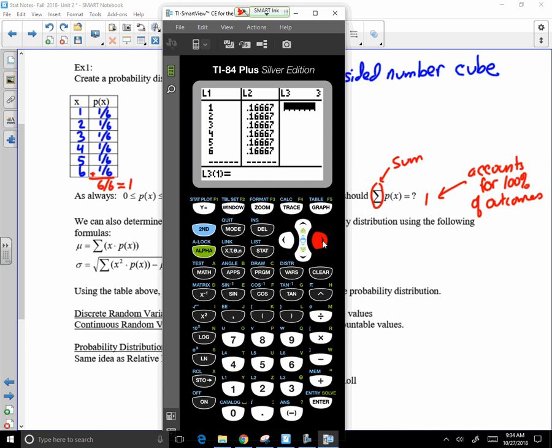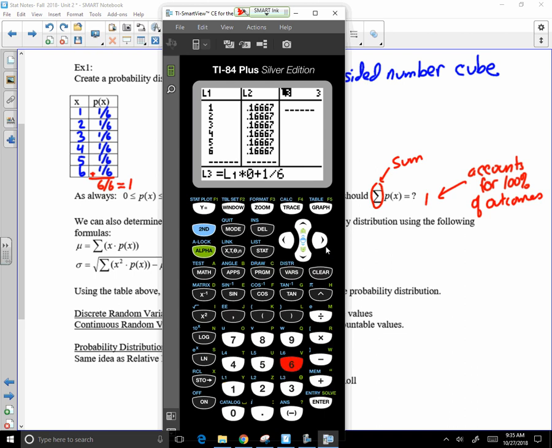What you can do is in the column heading, for whatever column you want, I'll just do it in L3 for lack of a better place. I hit enter. It allows me to define L3 any way I want. I would create an equation here. What I would do is take L1 and multiply it by 0. And then add to that 1 divided by 6.